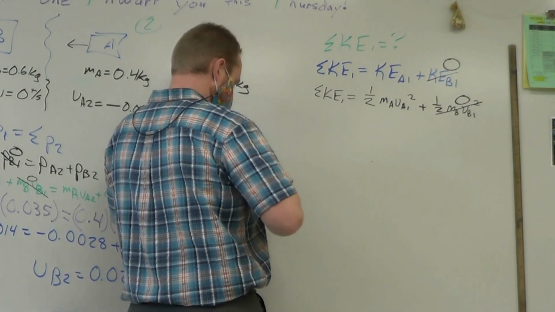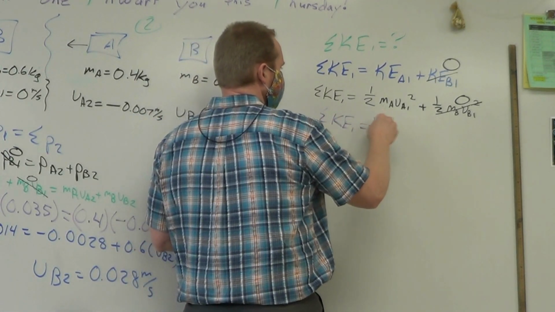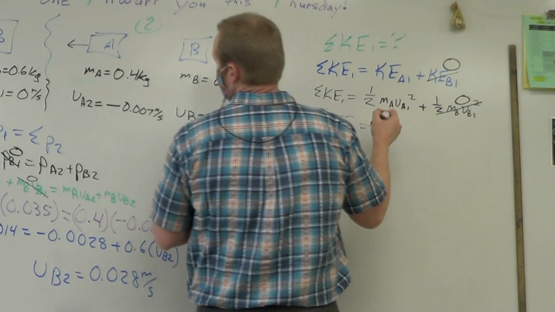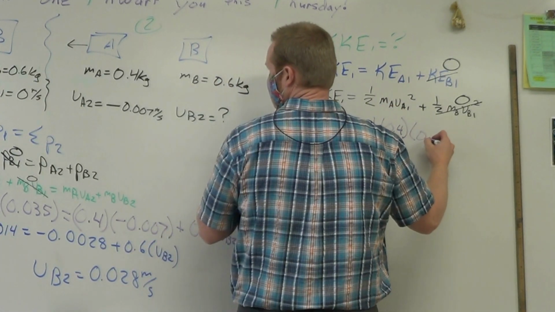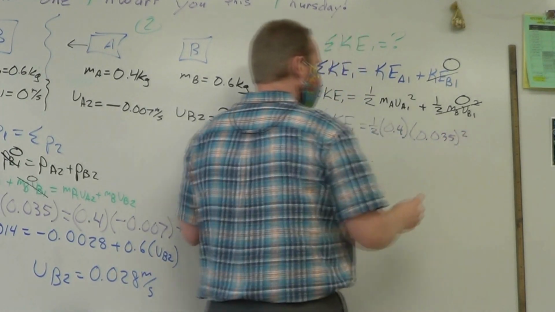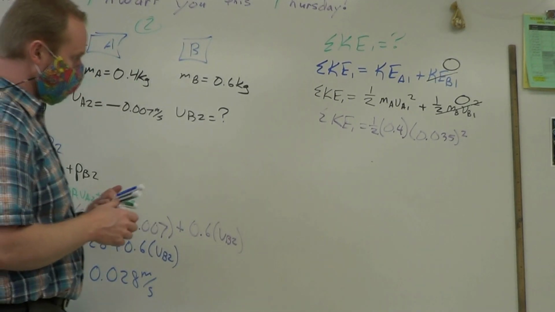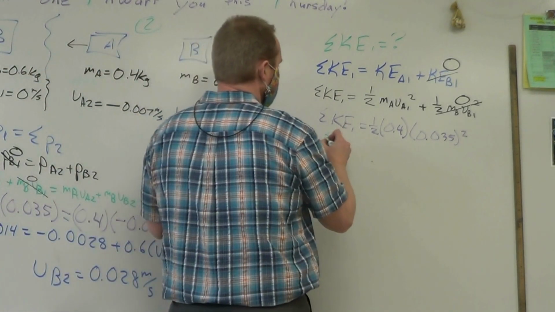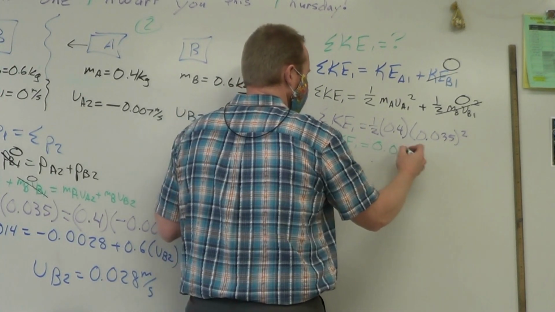So the sum of all my kinetic energy at location 1 is 1/2 times the mass, 0.4, times the velocity that it started at, which is 0.035. Please do not forget to square your velocities when determining your kinetic energies.